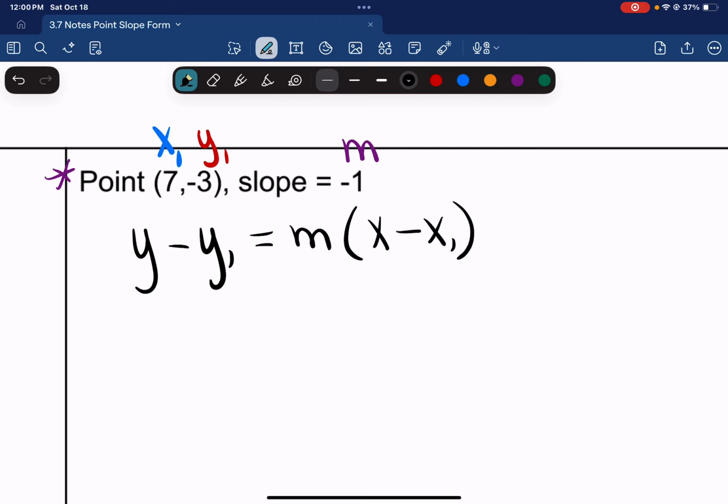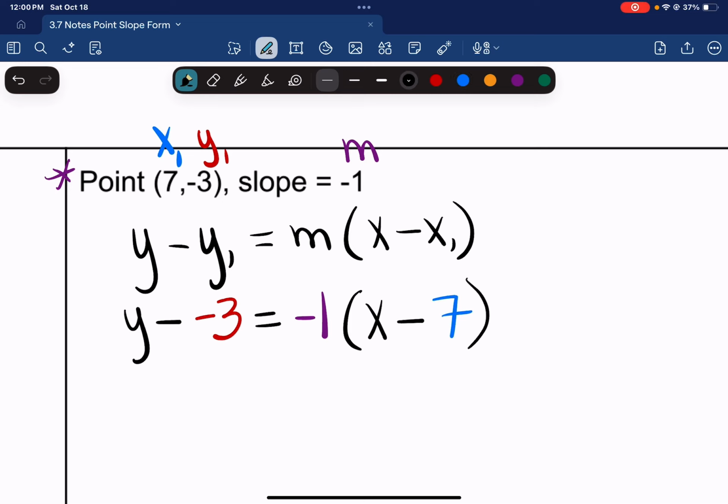We're trying to get that stuck in our brain so that we always remember it. So we have y minus. Our y1 value is a negative 3. And yes, I know that looks goofy right now, but I want you to put your double negative there. Equals, then our slope is a negative 1. Parentheses or times x minus, and then our x1 value is a 7.